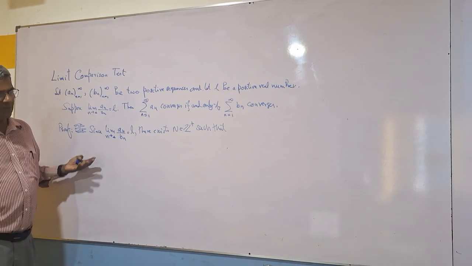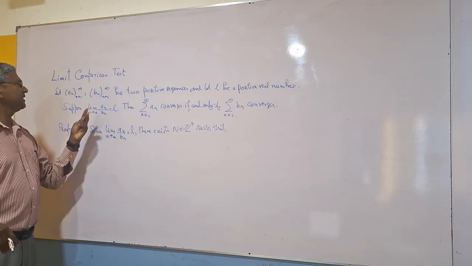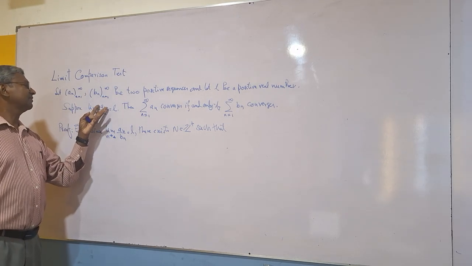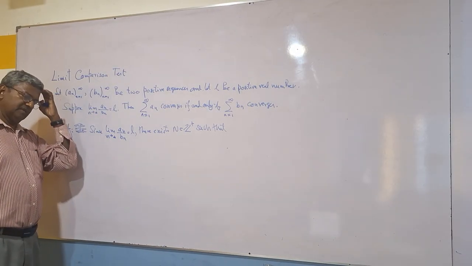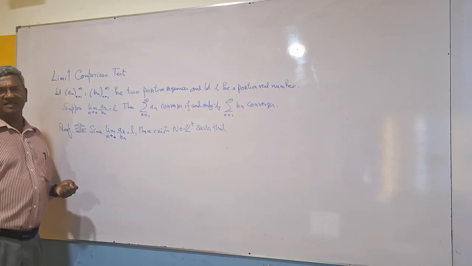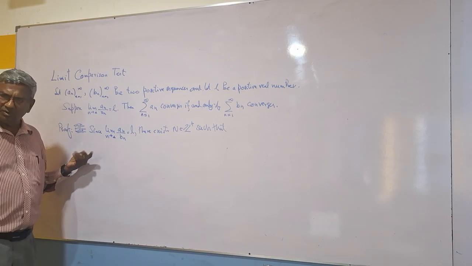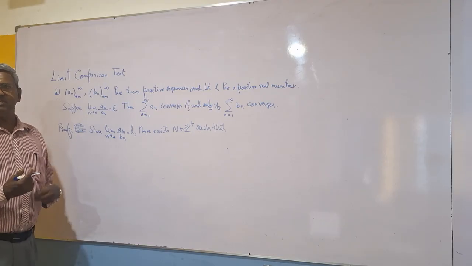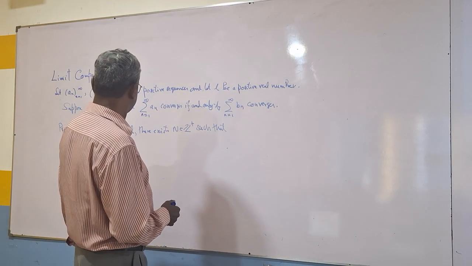You divide one by the other and get the limit. If you are getting a positive limit, then you know right away either both of them converge or both of them diverge.